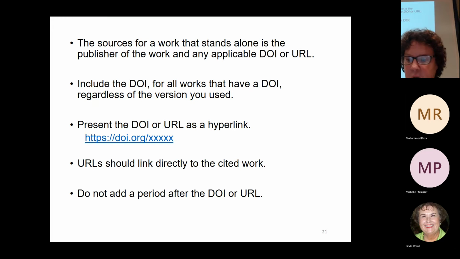Include the DOI for all works that have a DOI, regardless of the version you used. So yes. For those who are unfamiliar with the term, what is a DOI? It's a digital object identifier. These are for online-born versions of items. And that is supposed to be a permanent link.